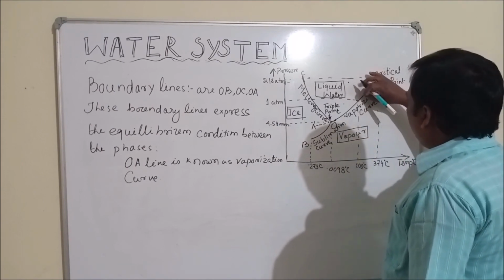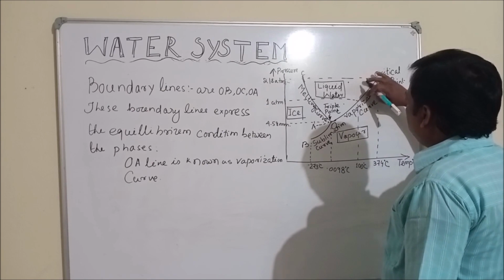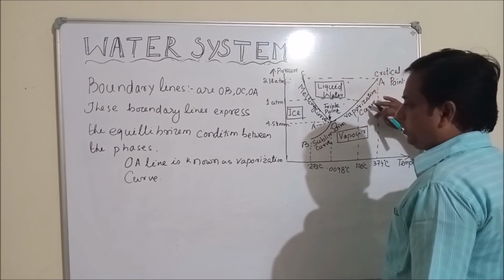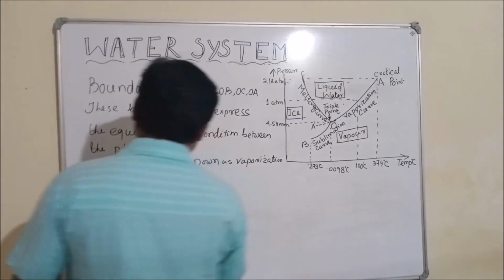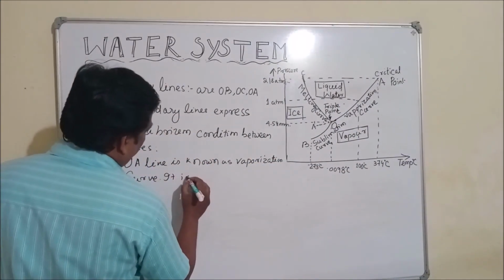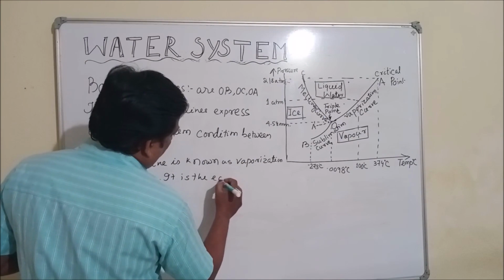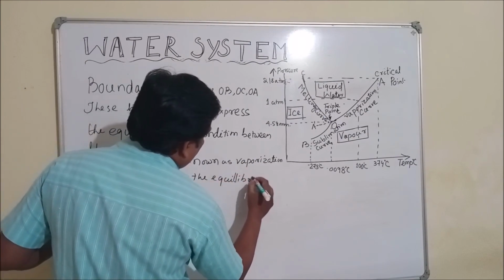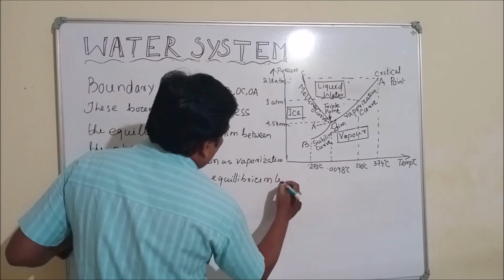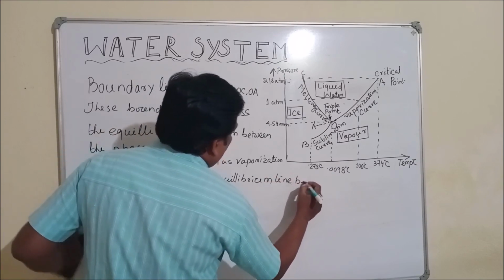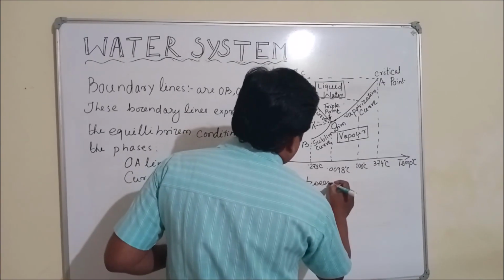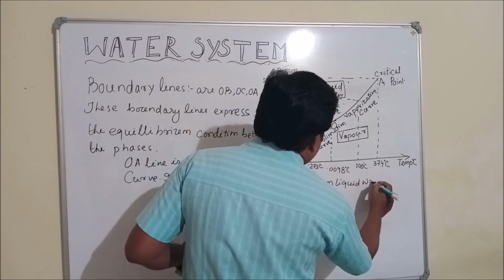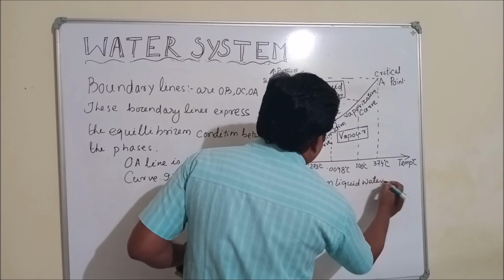This is the equilibrium line between liquid water and vapor phase.